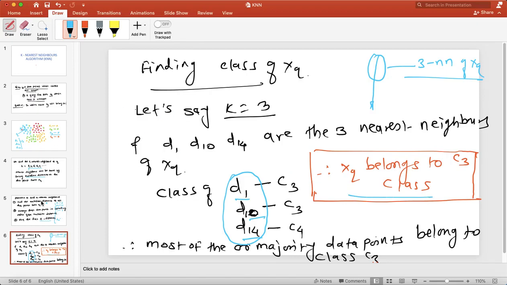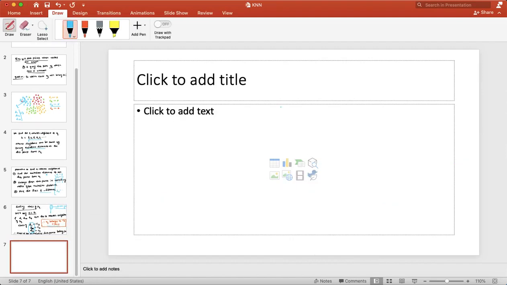The algorithm is very simple. Let me summarize one more time. What is KNN? In KNN, we find the k nearest neighbors of a data point XQ, and then simply take a majority vote.